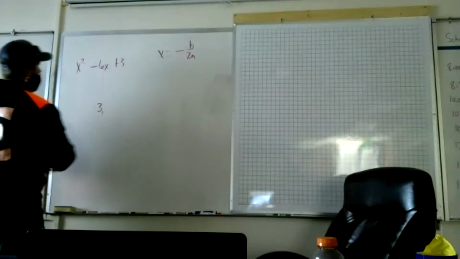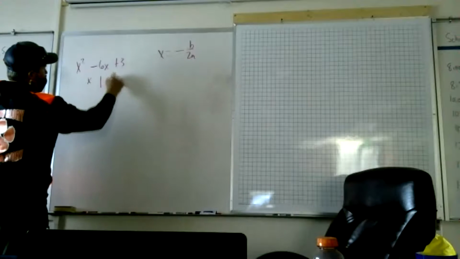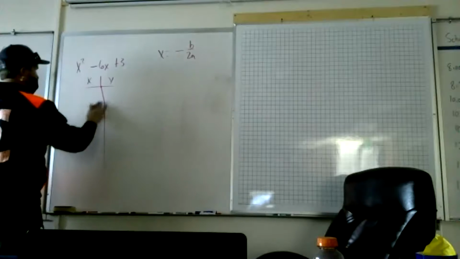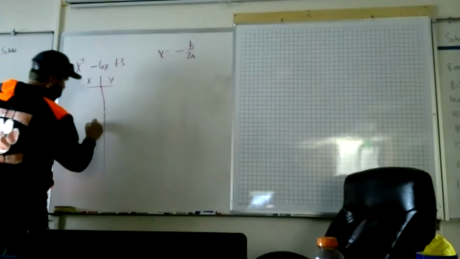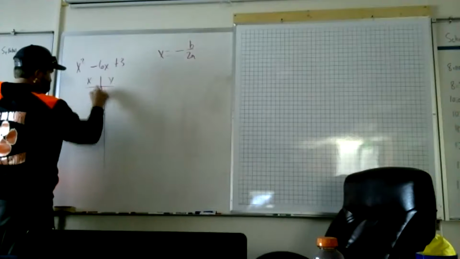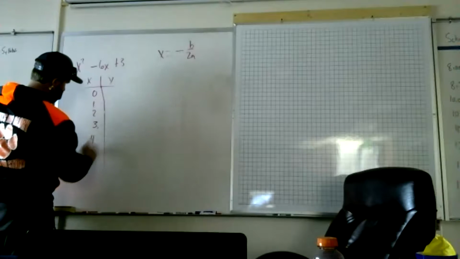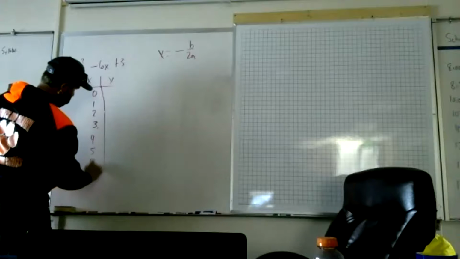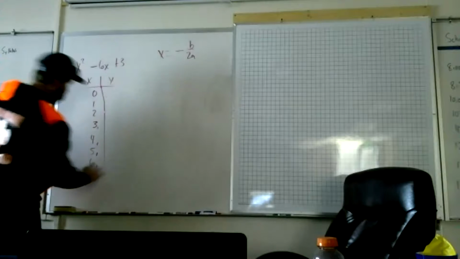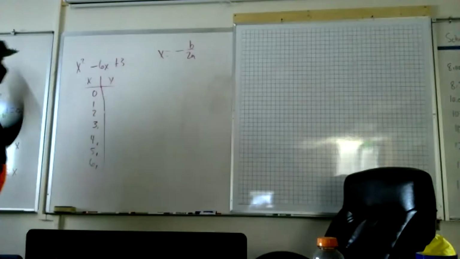So I know my x value of the vertex was 3. 0, 1, 2, 4, 5, 6. I'll even make more points this time, so I can encompass 0.